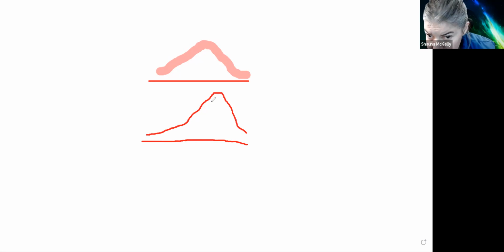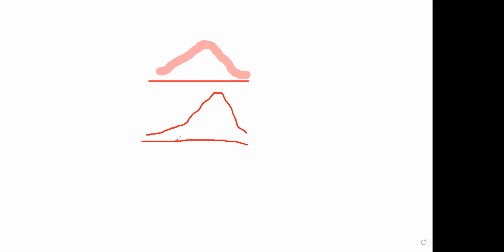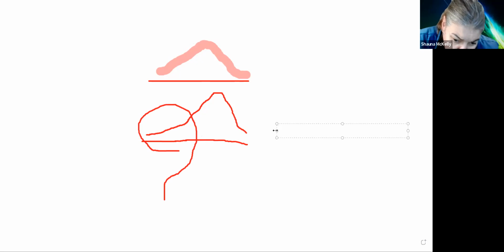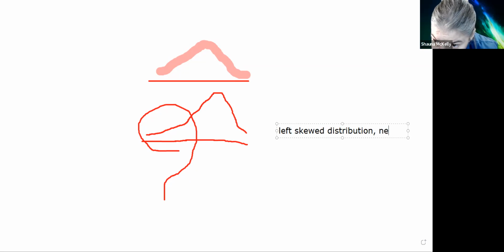So in this case, my hump isn't in the middle of my distribution, is it? No. Now, you think about where your tail is at, and this is what's counterintuitive for students. A lot of times they're like, well, I don't know what to do. So this is a left skewed distribution, or a negatively skewed distribution.